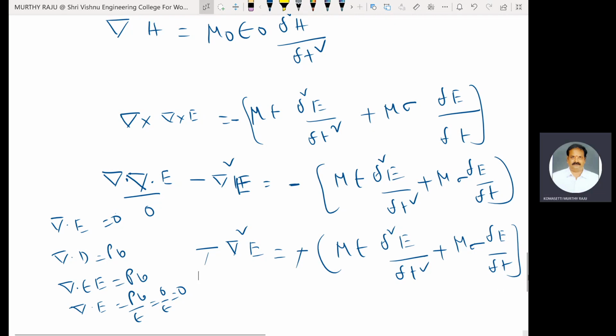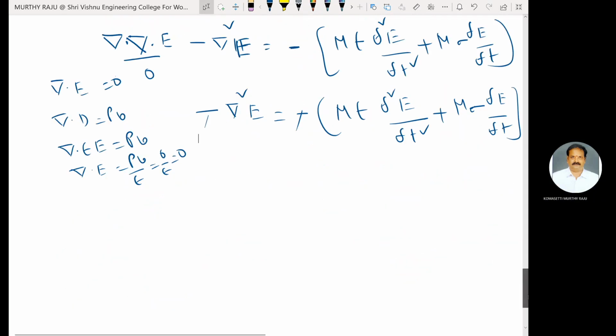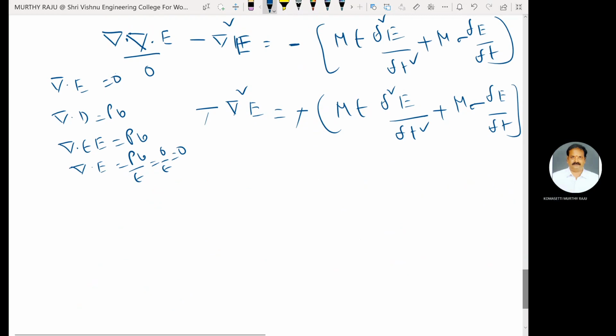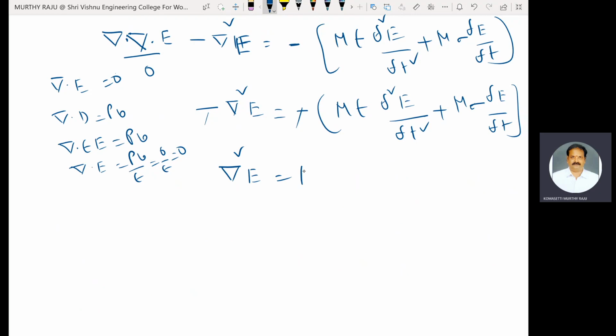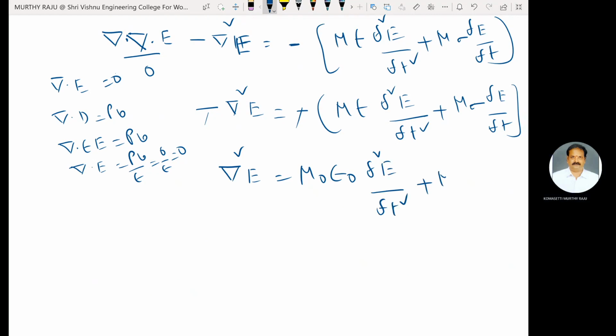For free space, mu is written as mu naught and epsilon as epsilon naught. This is the free space equation.